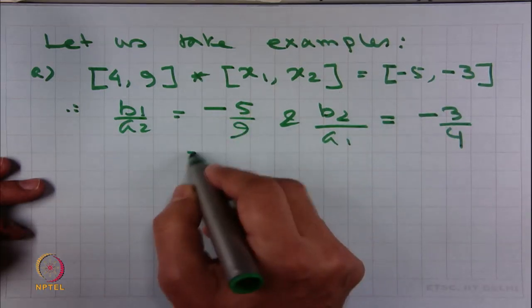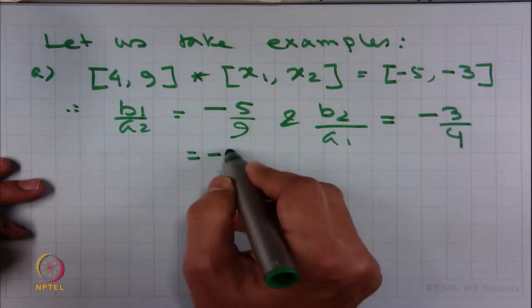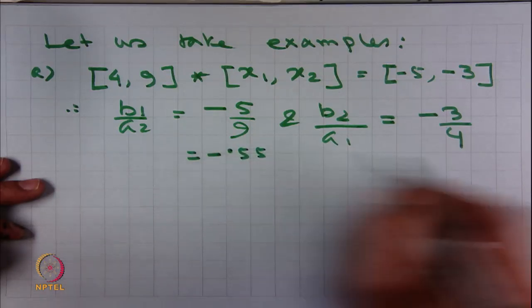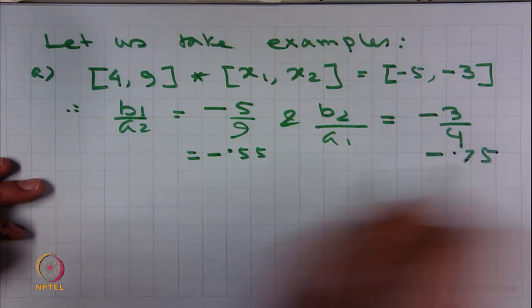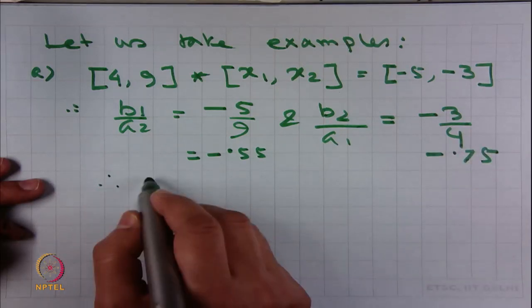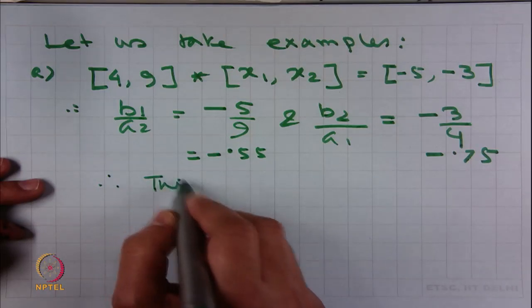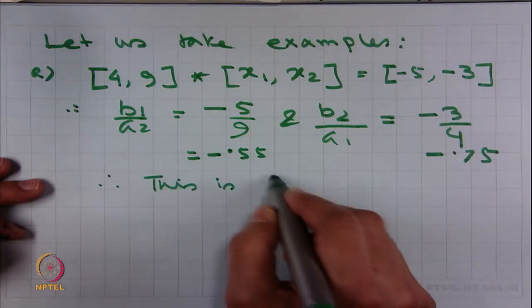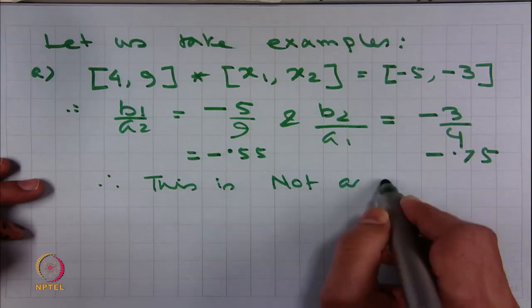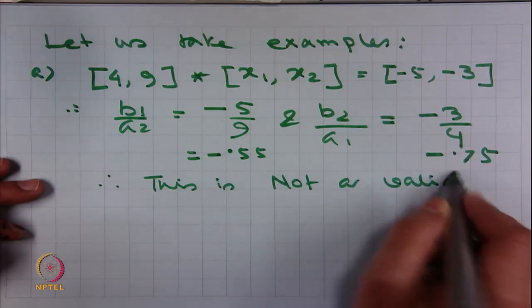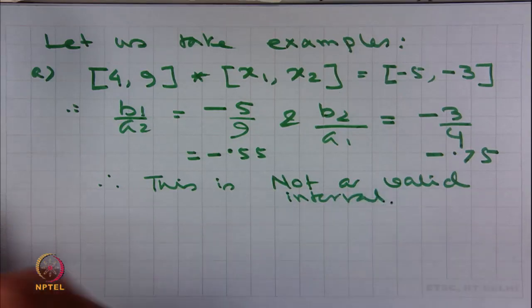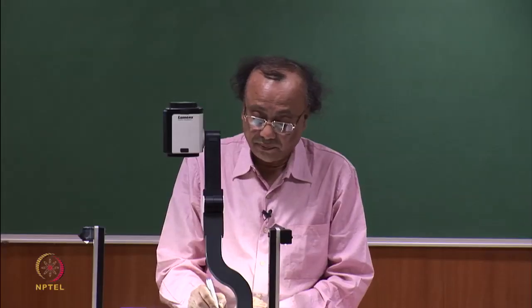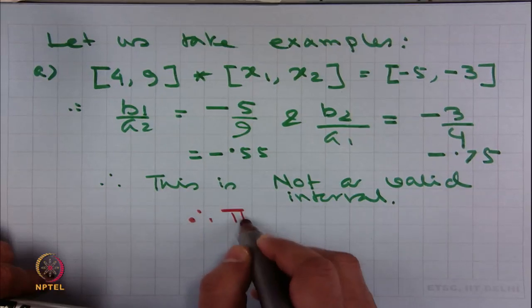So, this is roughly equal to minus 0.55, but this is minus 0.75. Therefore, this is not a valid interval. Therefore, no solution exists.